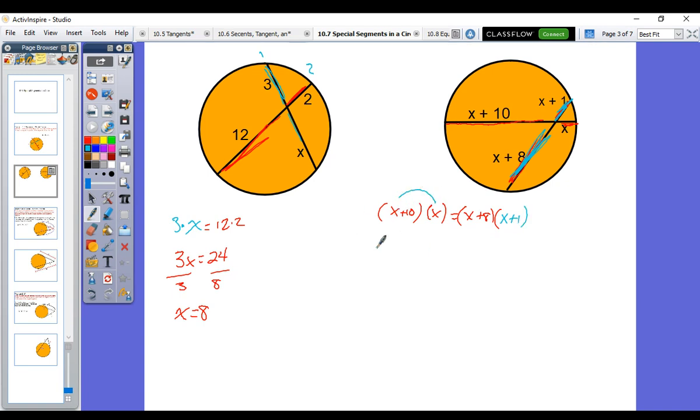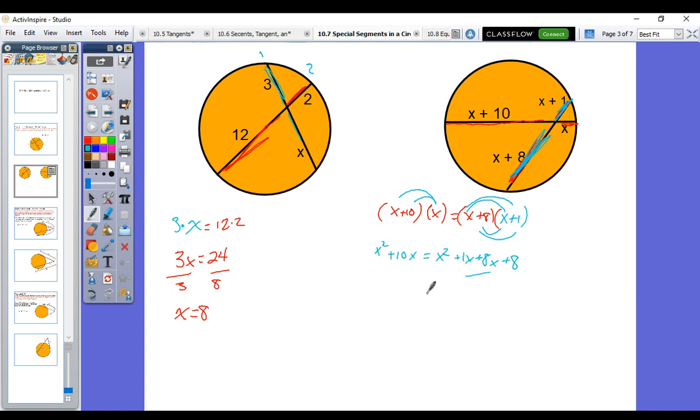So here we distribute. X times X is X squared, X times 10 is 10X. Here, X times X is X squared, X times 1 is 1X, 8 times X is 8X, and then 8 times 1 is 8. Algebra for you guys right there. You complained that you wanted some algebra? Well, here you go.